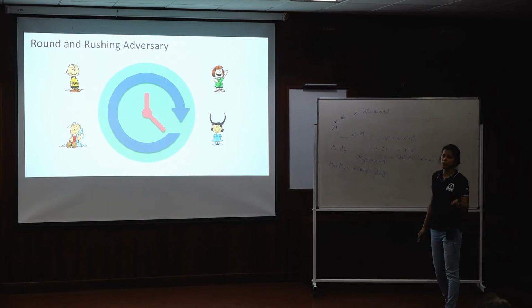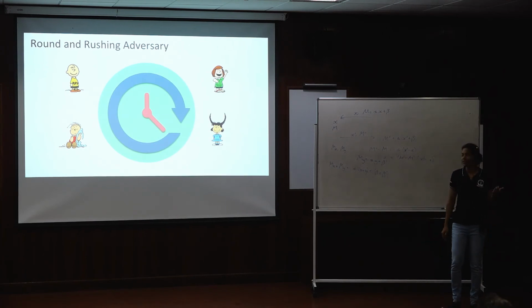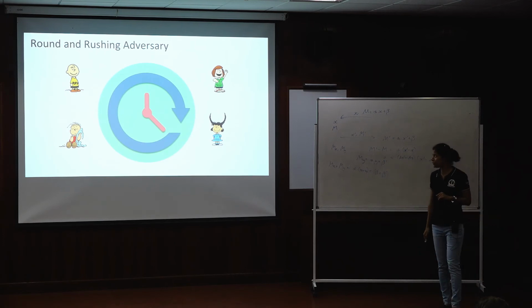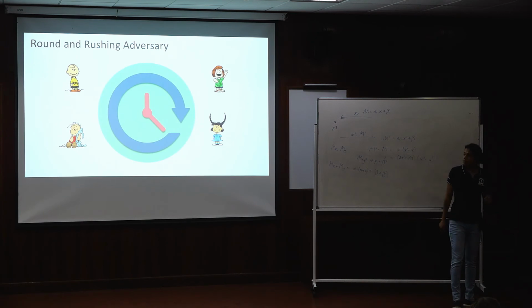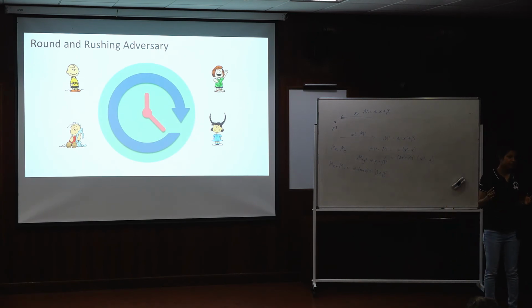But just before that, I want to quickly introduce the concept of a round, which has already been explained, but let me quickly repeat, and the rushing adversary, which is a stronger kind of adversary. Rounds are equivalent to clock cycles. Every clock cycle, every party is going to talk, listen and compute. Talk means they communicate to all the other parties.